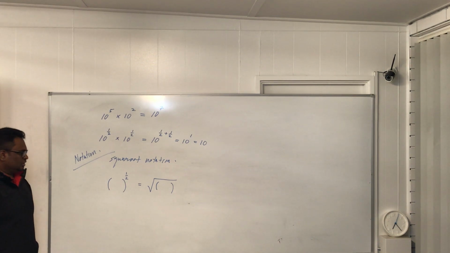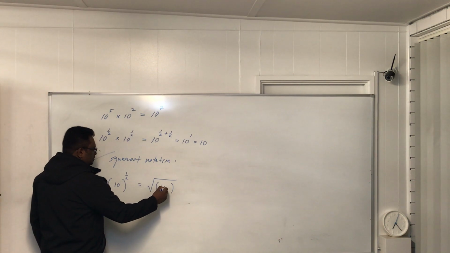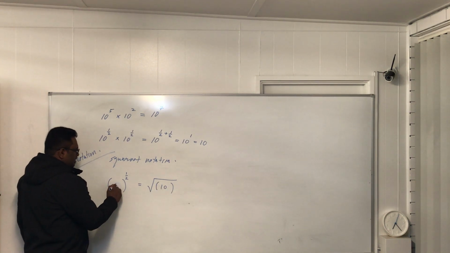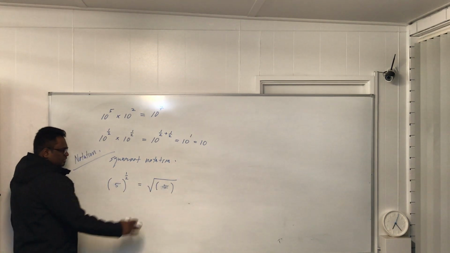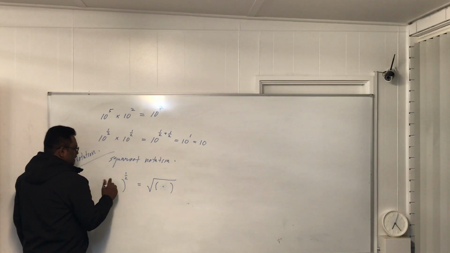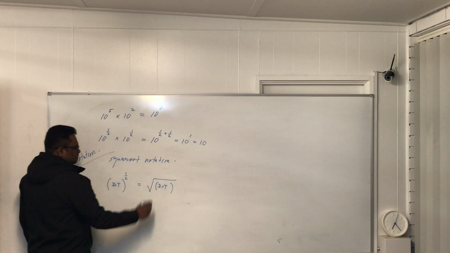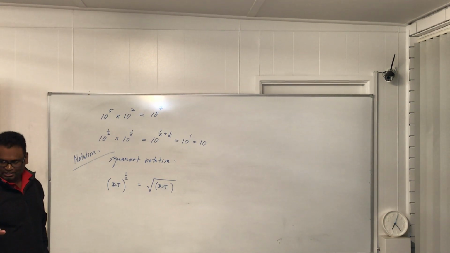If you put 10 here, you have to put 10 here. If you put 5 here, you have to put 5 here. If you put dp here, dt here, you have to put dt here. Who is dt? You can say Donald Trump. Right? So this is a notation. You understand what I'm saying?